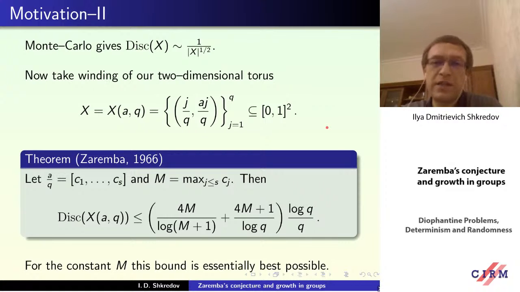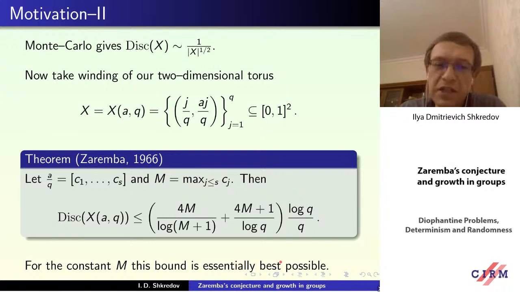Korobov proved that the quality of this X in the previous sense, I mean, in this Koksma-Hlawka inequality, depends on the continued fraction expansion of A over Q. More precisely, if A over Q has these partial quotients and M is the maximum of these partial quotients, then the discrepancy can be bounded in this way.